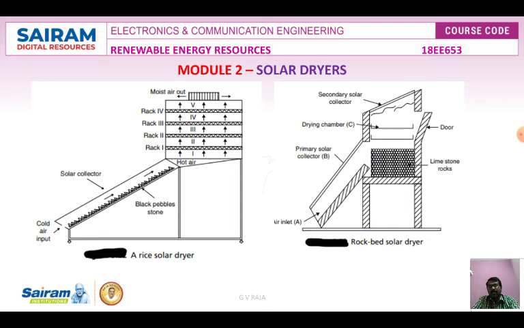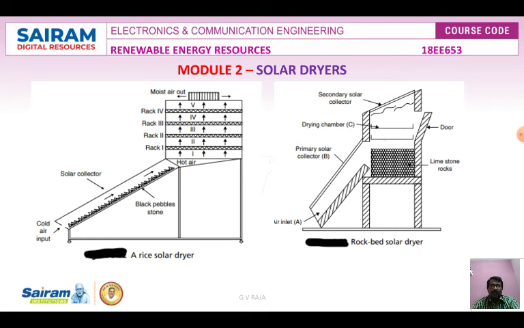Similarly here, it is used only for rice solar drying purposes. It is designed for the particular requirements of the rice, various types of rice, steam rice, raw rice, paddy. Based upon the temperature, the rice will be dried.